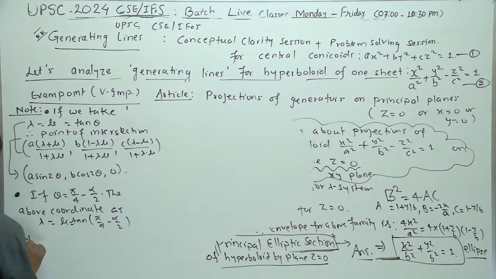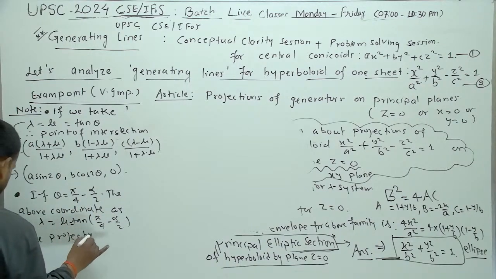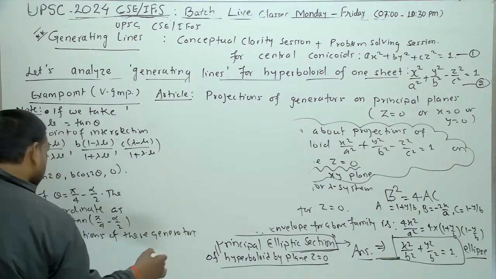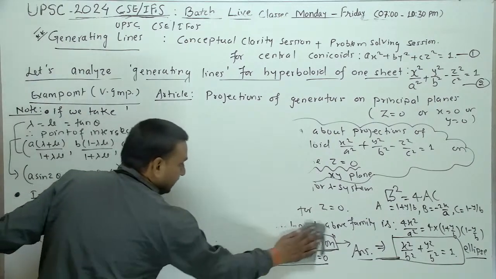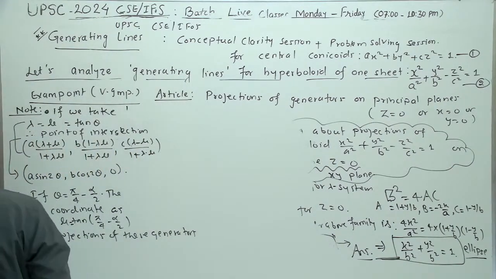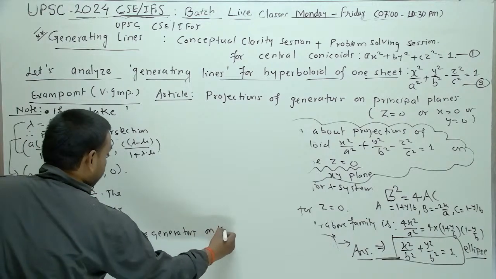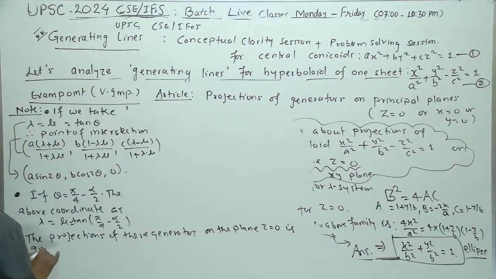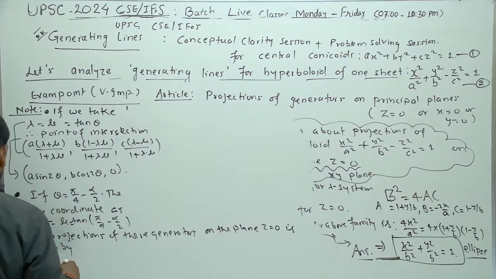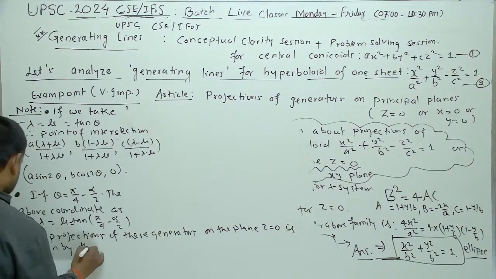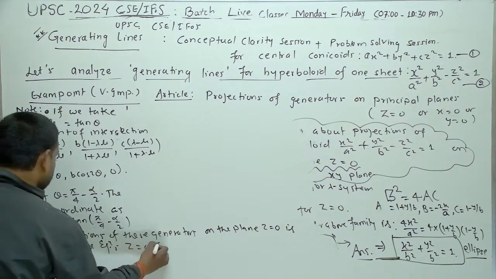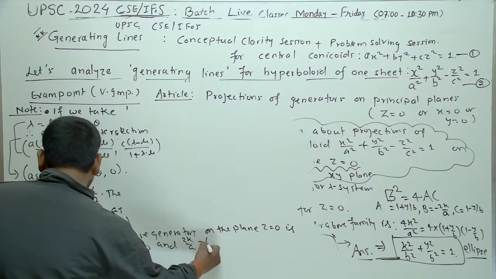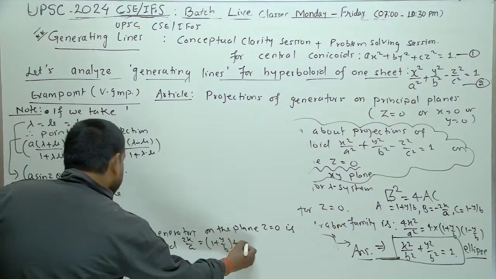So we are discussing the projections of these generators on the plane z equals 0, given by the equations z equals 0 and 2x upon a equals (1 plus y upon b) into tan theta.